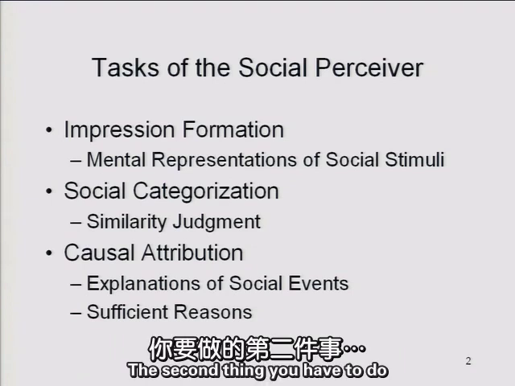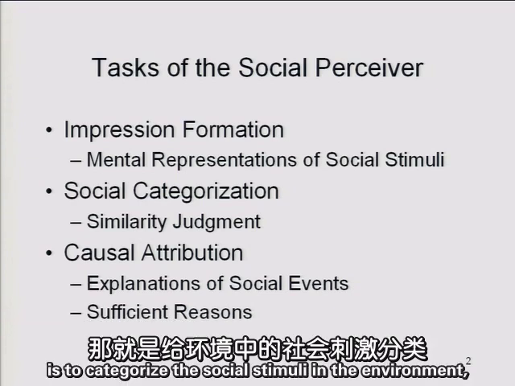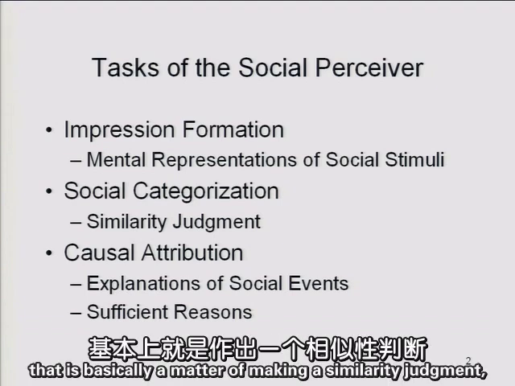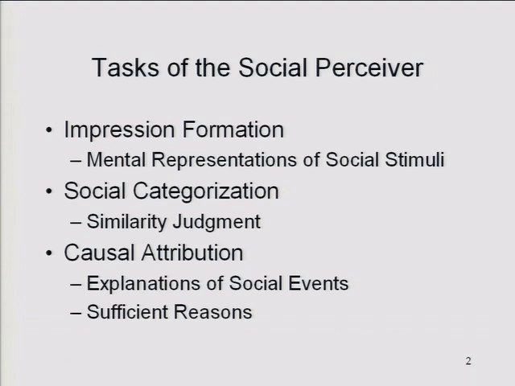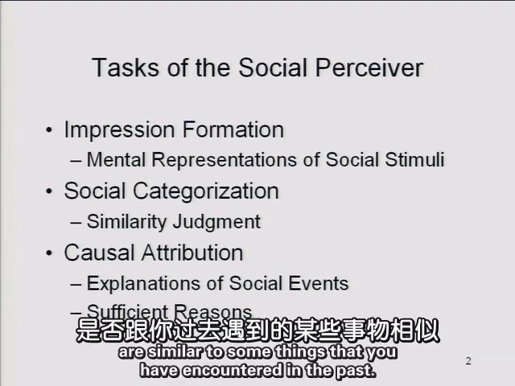The second thing you have to do, and this flows naturally from the problem of person perception, is to categorize the social stimuli in the environment, a process that is basically a matter of making a similarity judgment, making a judgment that the things you're encountering now are similar to some things that you've encountered in the past.